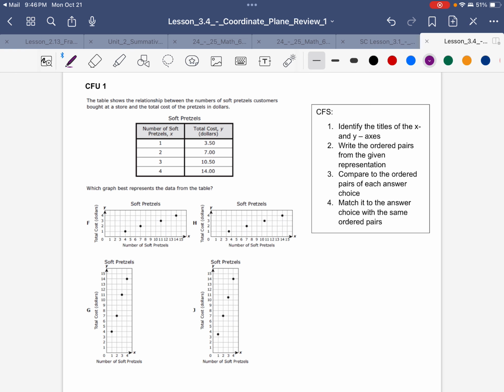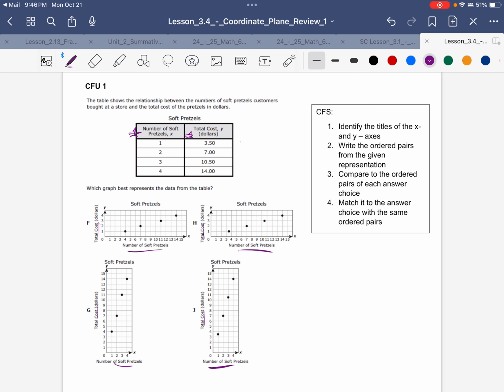So our titles are number of soft pretzels and total cost. So number of soft pretzels should be on the x-axis. All of them have number of soft pretzels on the x-axis. And then total cost should be y. All of them also have that. So no worries there. So now let's actually write out the coordinates.